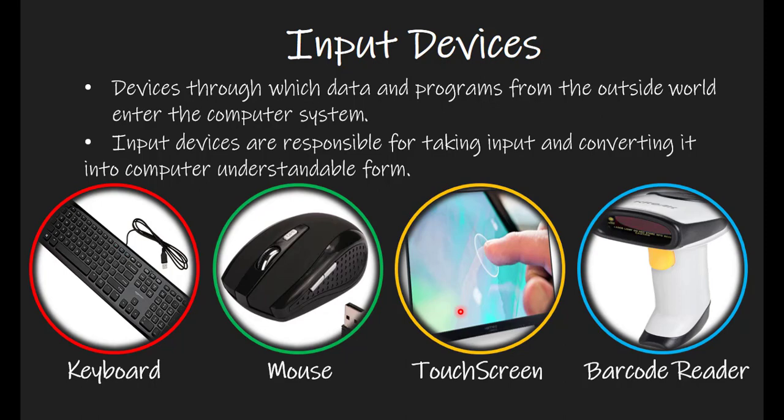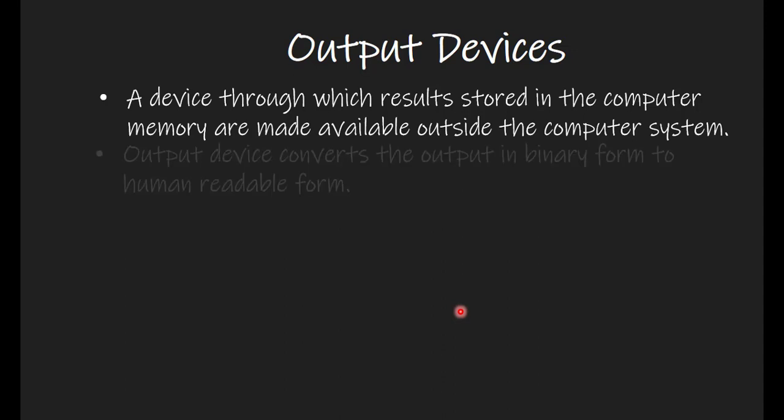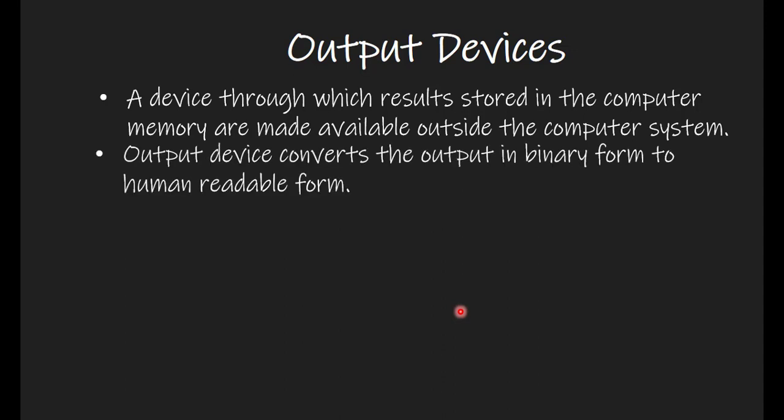Let's move to output devices. Output devices are the devices that show the result available from the processor to the outside world. The output that is coming from the processor or central processing unit is in the form of 0 and 1, but humans cannot understand the language of 0 and 1.